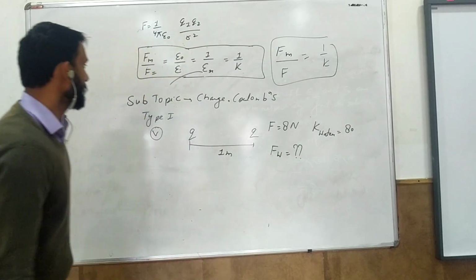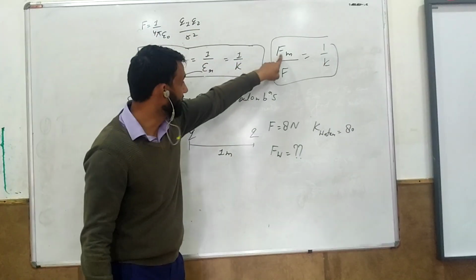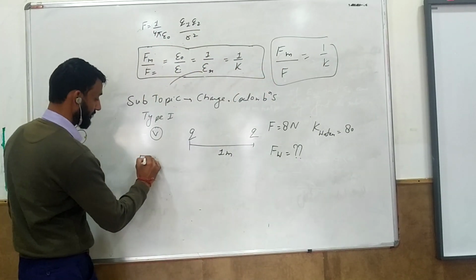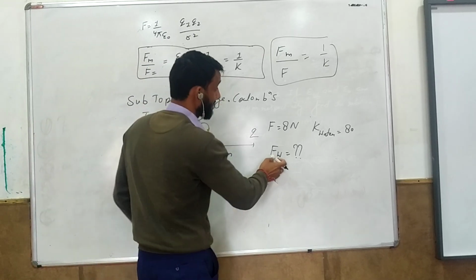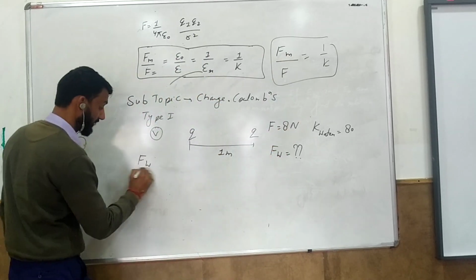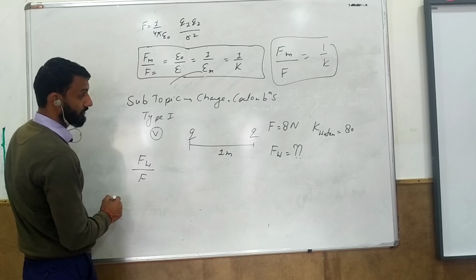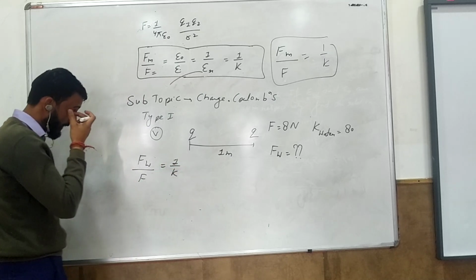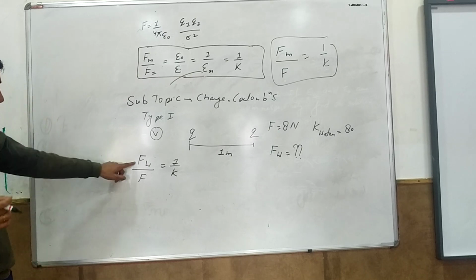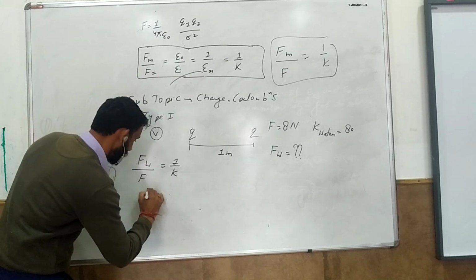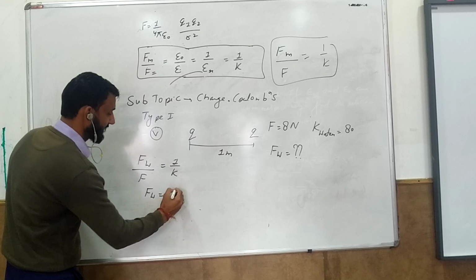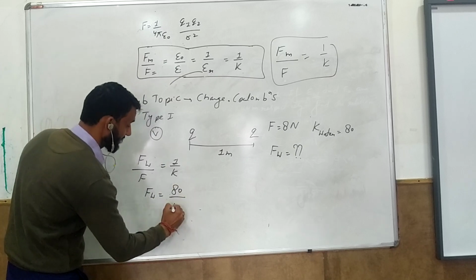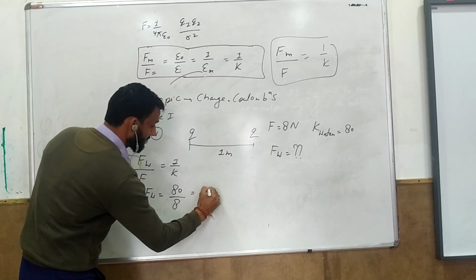Now we can use this formula directly. In this case the medium is water now, so Fw upon F is equal to 1 upon K. I have to calculate the force in water. Fw is equal to F, which is 80, upon K, which is 8. So the force is 10 Newton.